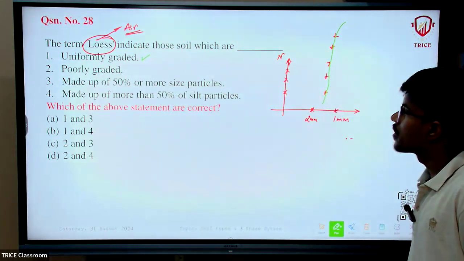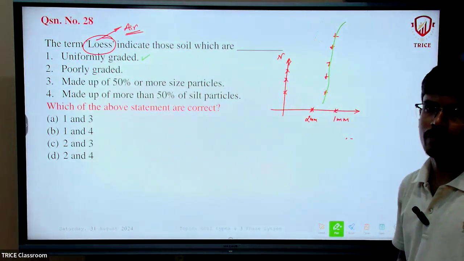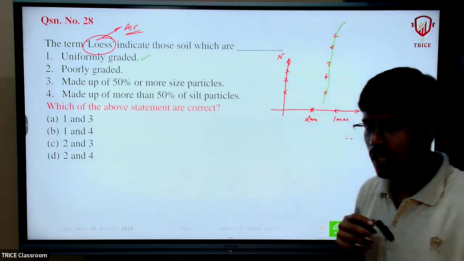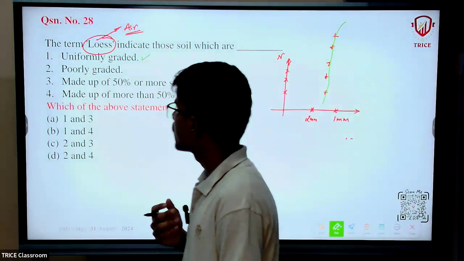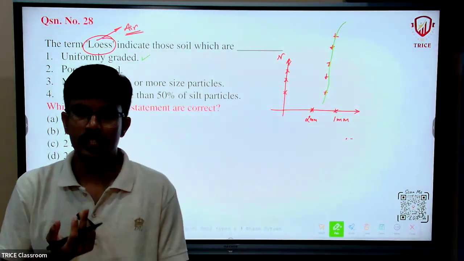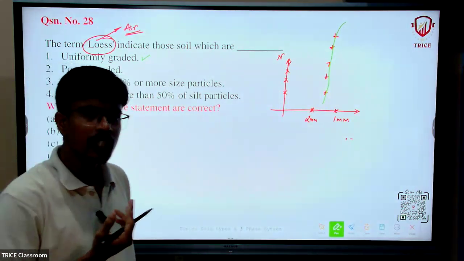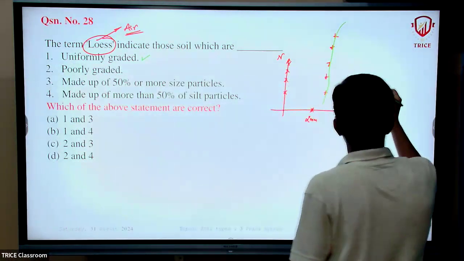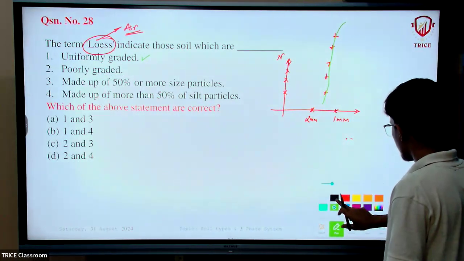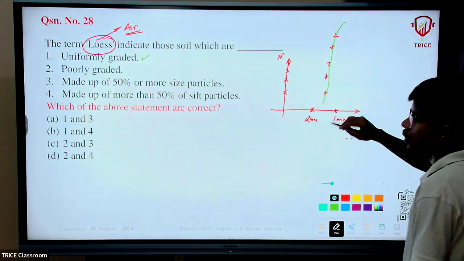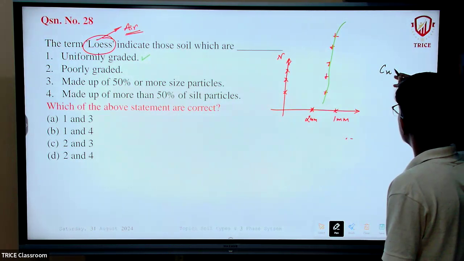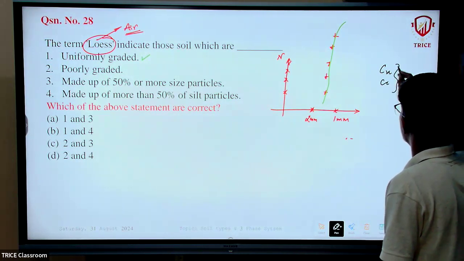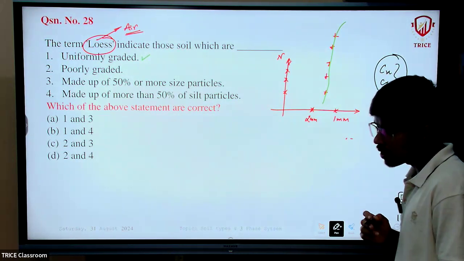Second one, it is poorly graded soils, right? So when you say poorly graded soils, what is meant by that? We have the gradation criteria, with certain values. We will discuss in the next unit the index properties of soils. In that, we have the terms CU and CC to classify the soil based on their quality.